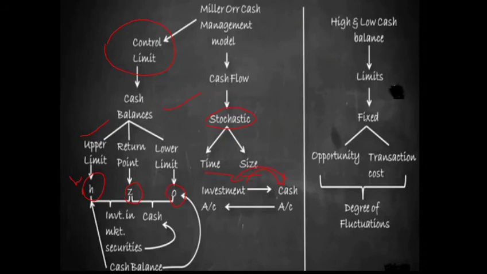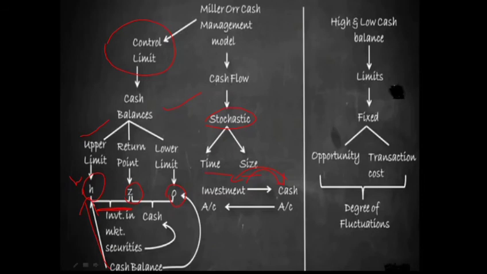So when the cash balance touches the upper limit of h, this model suggests that the balance between h and z should be invested in marketable securities.